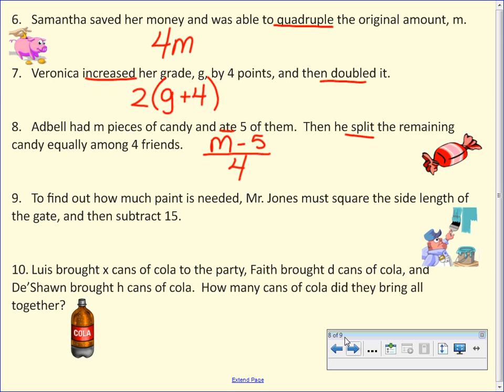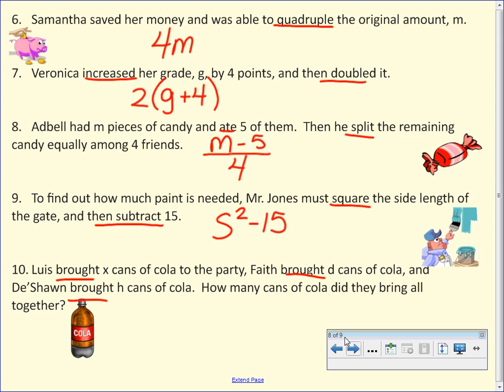To find out how much paint is needed, Mr. Jones must square the side length of his gate and then subtract 15. So we have the side squared and then subtracting 15. Lewis brought X cans of cola to the party. Faith brought D cans of cola to the party. And Deshawn brought H cans of cola.